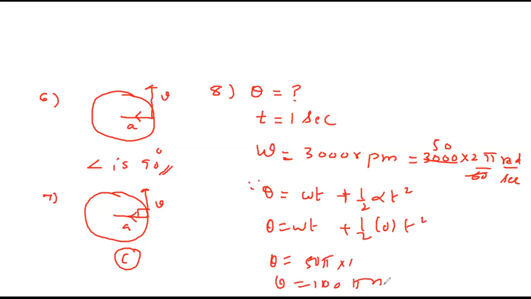Check, that is C. 100 pi radian, that is C. Answer. Next one.